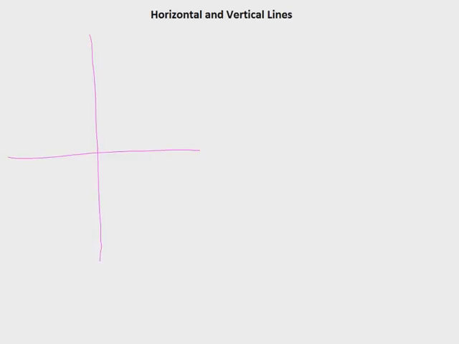So here's a two-dimensional graph, and I mark this horizontal line at, say, y-coordinate of 5. And another one here, and say the y-coordinate of -4. What can I say about every point on this line? So let's look at some coordinates.